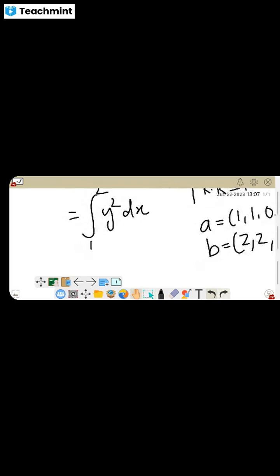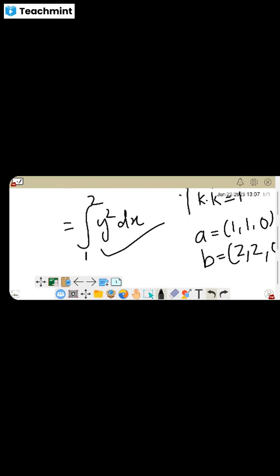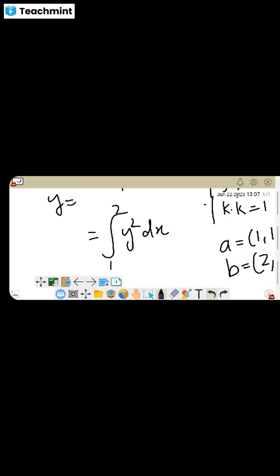Initially, in the first condition, because we are integrating with respect to x, we need to put the value of y here. So initially y is equal to 1. That is why they are taking y equal to 1 here.